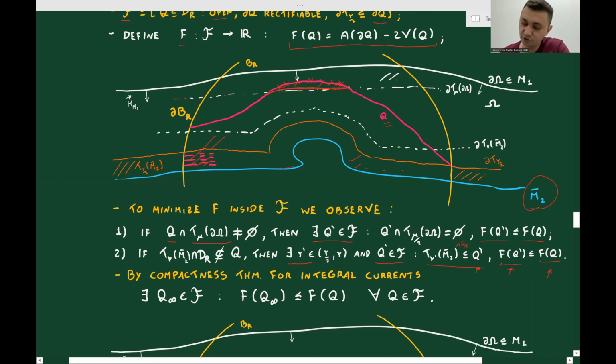I mean, the functional is less than for the first subset.